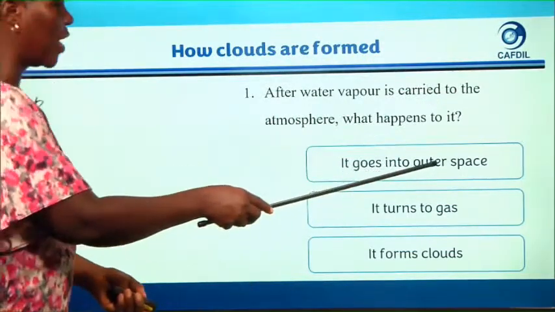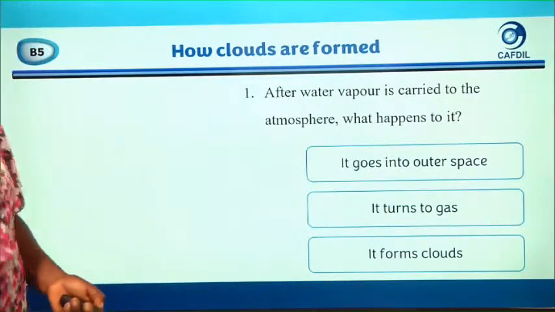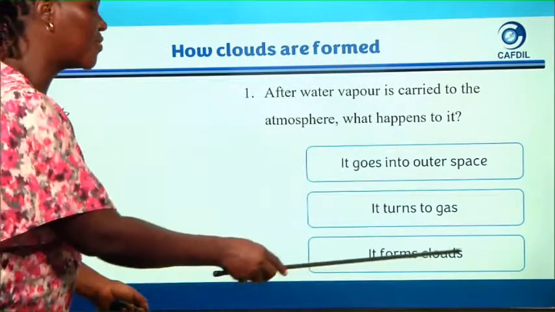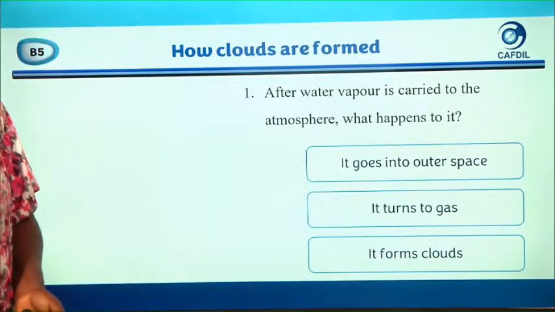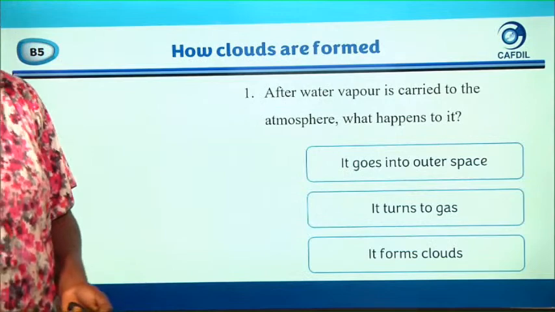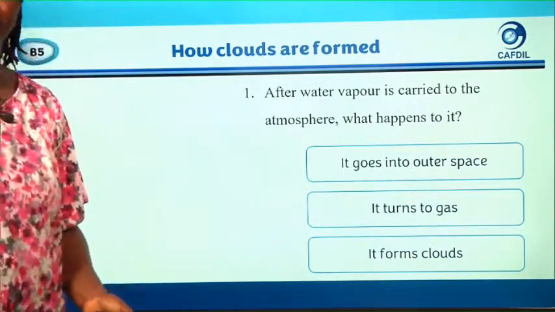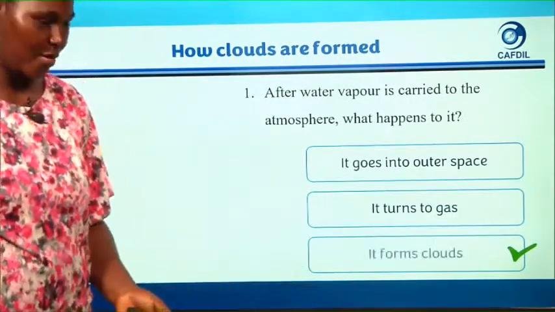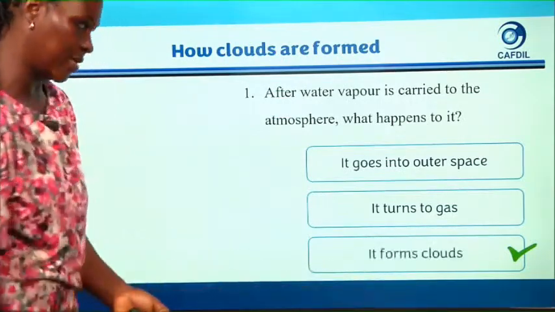It goes into outer space. It turns to gas. It forms clouds. So what will be the answer? Yes, it forms clouds.